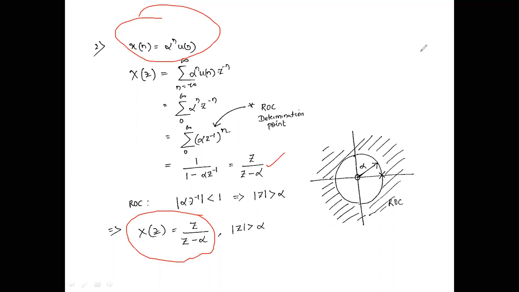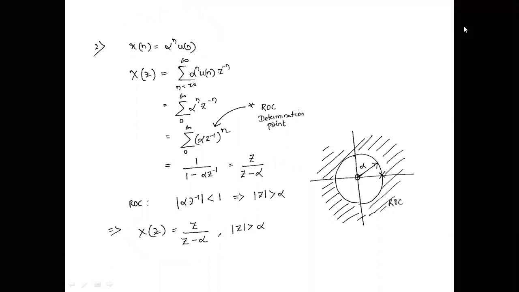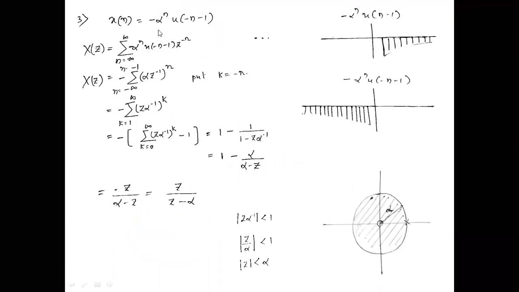This is one template, and the second template that we are going to use is the next question we saw: minus alpha to the power n into u of minus n minus 1. For this one also, the z transform is z divided by z minus alpha, with magnitude z less than alpha for the ROC.